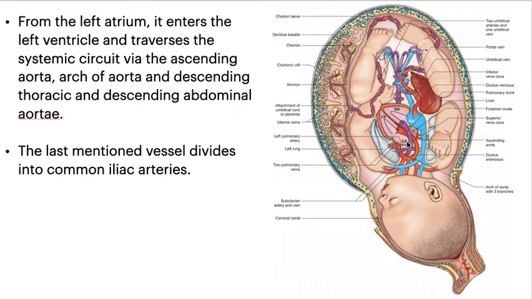In the left atrium, it enters the left ventricle and traverses the systemic circulation via the ascending aorta, the arch of aorta, and the descending thoracic and descending abdominal aorta. The last mentioned vessel divides into the common iliac arteries.